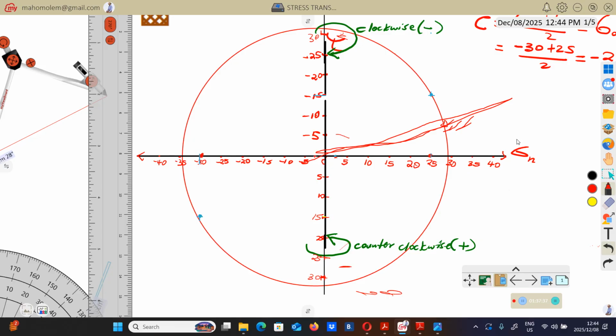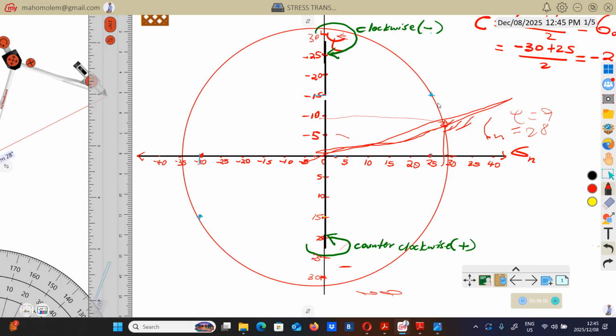If you want to know the stress values at this plane, you just have to measure from the origin to there, about 28. That will be the normal stress, 28. Shear stress, you just have to measure from vertical, from here to there, which is maybe 9.